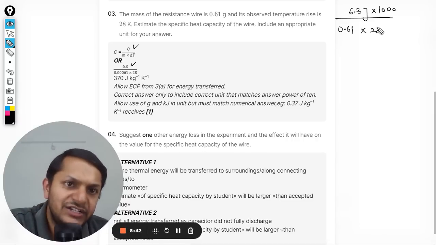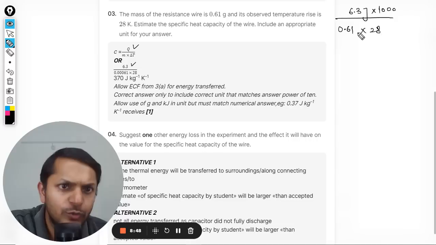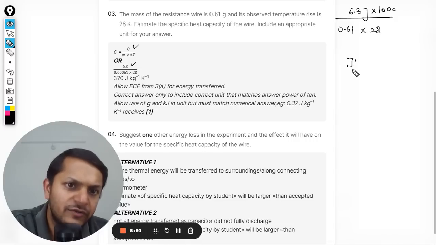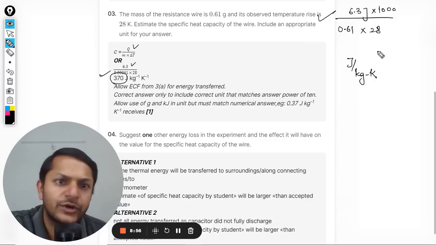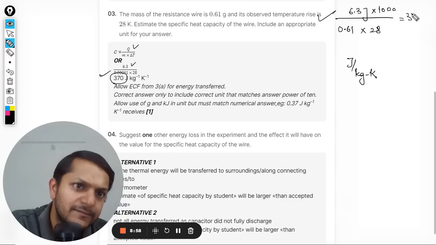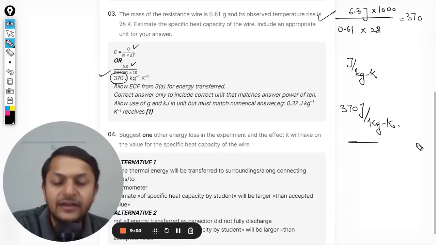And the change in temperature was 28 Kelvin, so you can write it as 28. So the unit has to be found. It will be joule per kg Kelvin. Simple. And this is the value that they are trying to calculate, and the answer is 370. So your answer will be 370 joule per kg Kelvin.